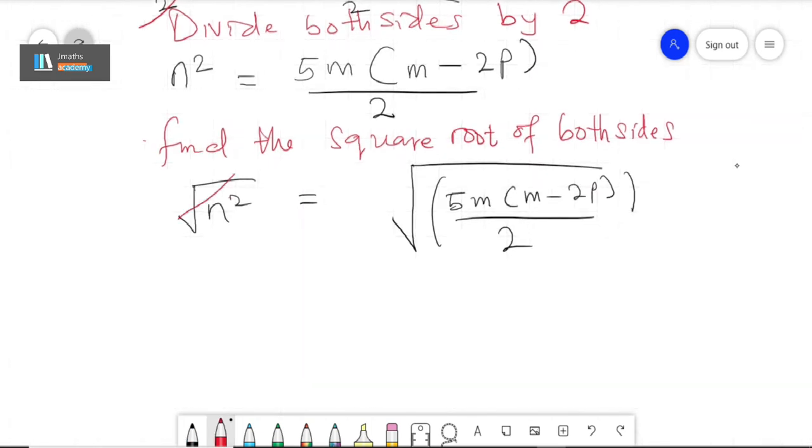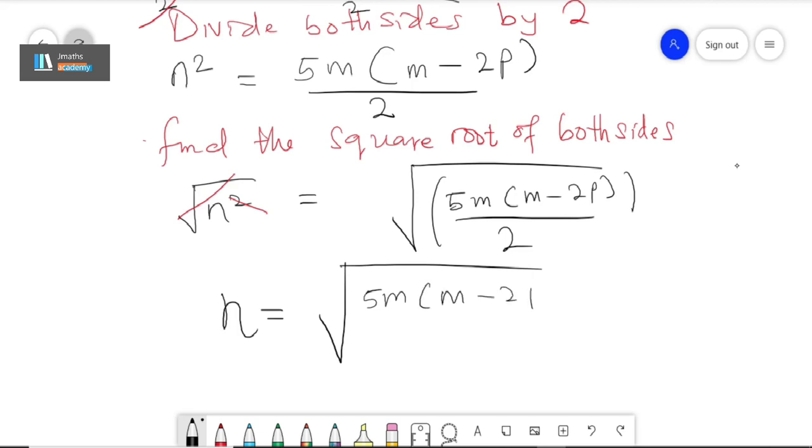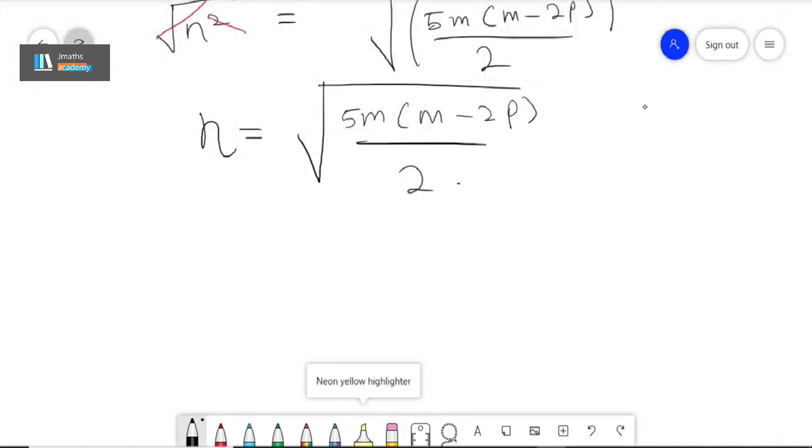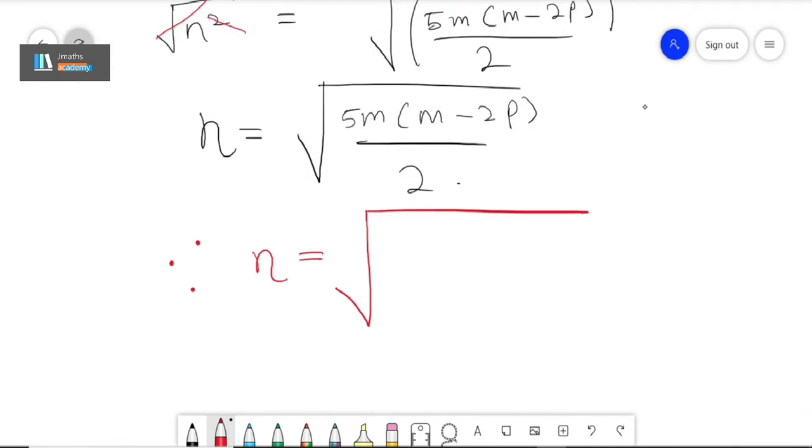We know that the root will cancel the square, and we have here n is equal to the square root of 5m, open bracket, m minus 2p, over 2. So therefore, making n the subject of the formula, we have n equal to the square root of 5m, open bracket, m minus 2p, over 2.